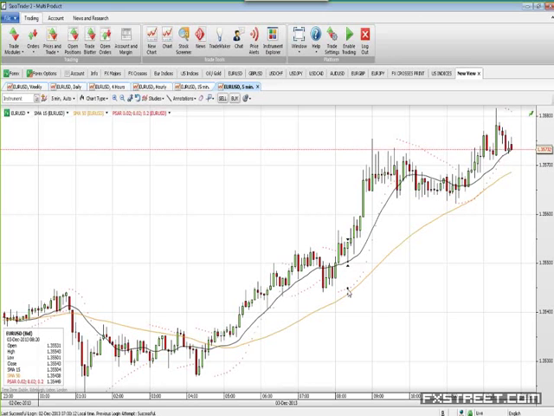So we triggered at 135.53. Parabolic SAR's coming in at 135.45, so 8 ticks. So your target is 65 for your first unit, which is up here. That will be your first unit off, and then you move your stop to entry.